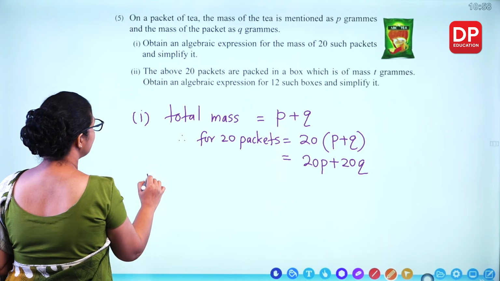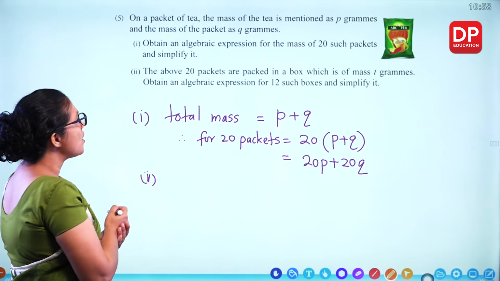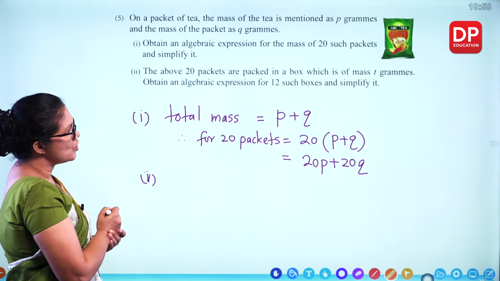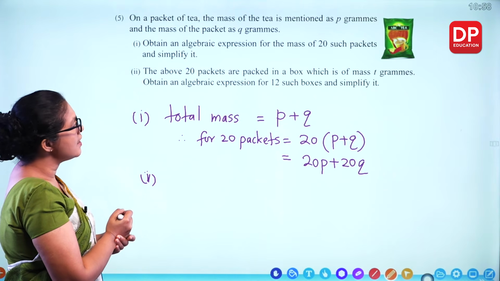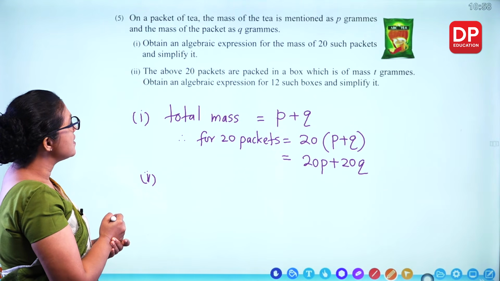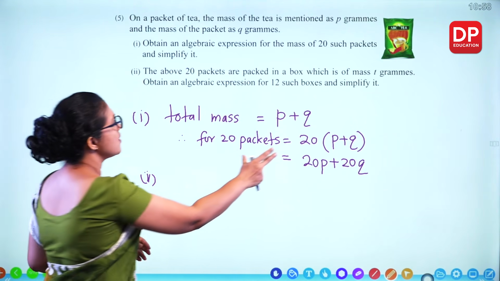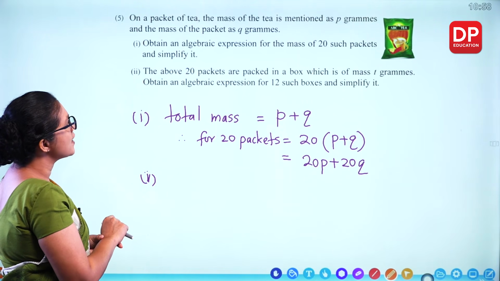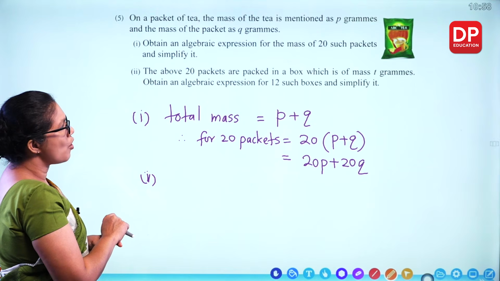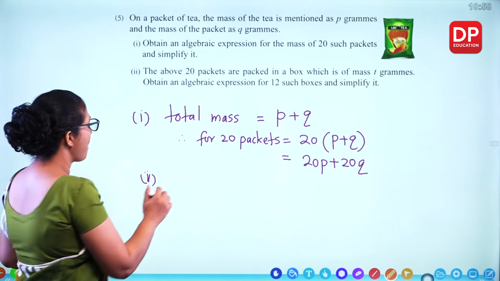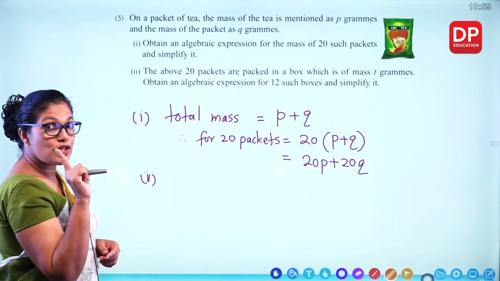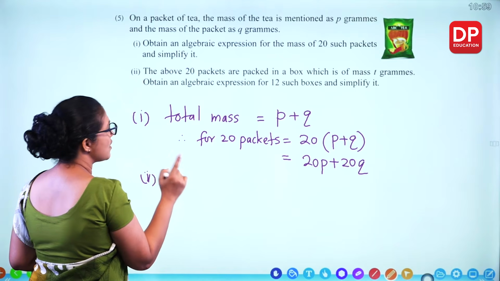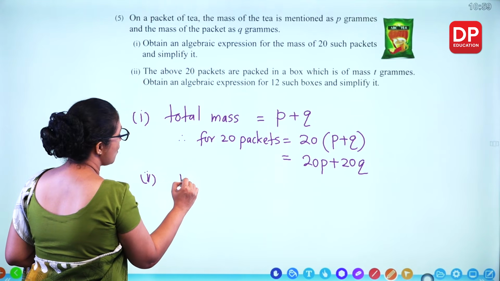Part 2. The above 20 packets are packed in a box which is of mass t grams. So, 20 such packets, this one full set in a box. Obtain an algebraic expression for 12 such boxes and simplify it. Okay, if you take one box, what's the mass of one box?